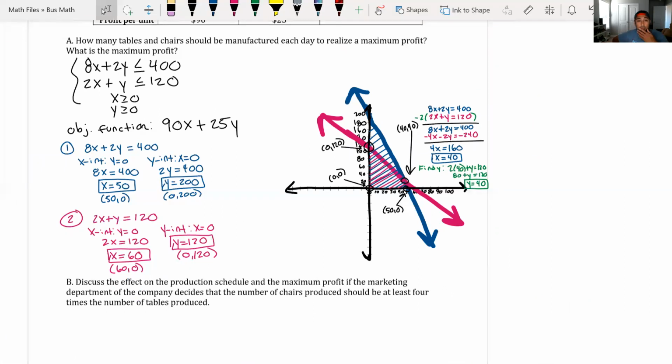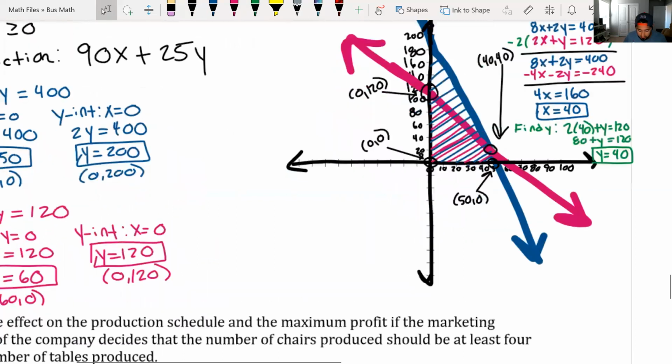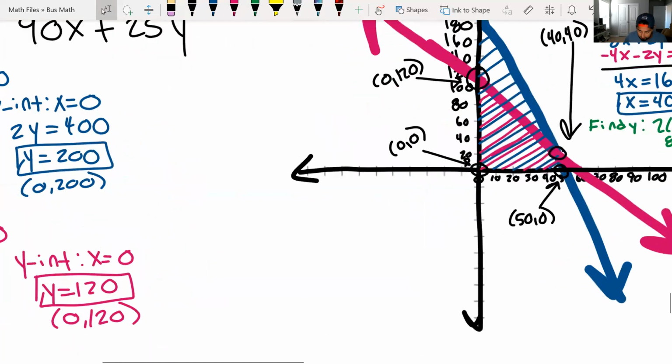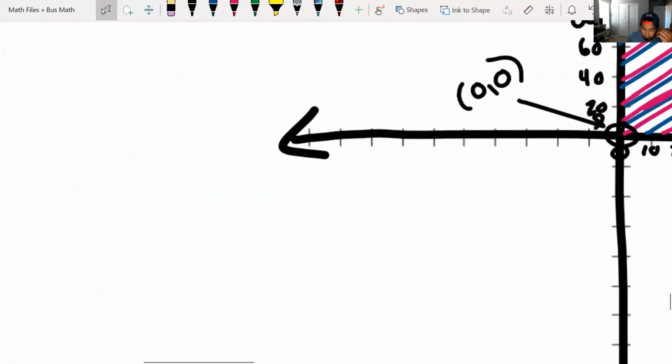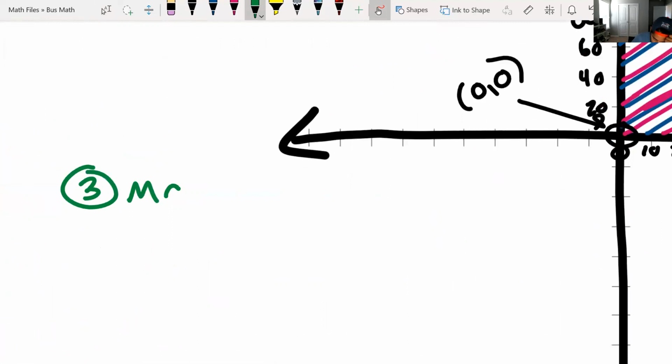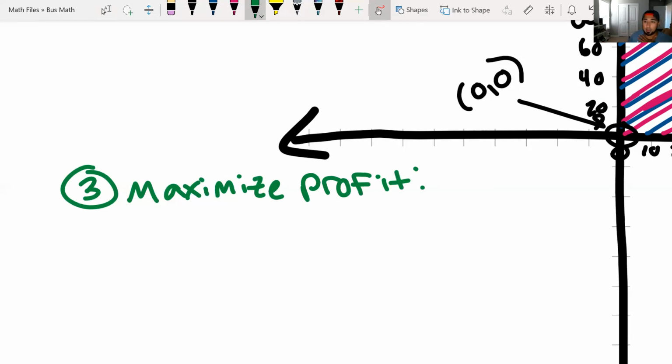Oh, we still need more room because it asks, what is the maximum profit? Well, we have to plug our numbers into the objective function. So I'll say step 3: maximize profit. We know our objective is 90x plus 25y.